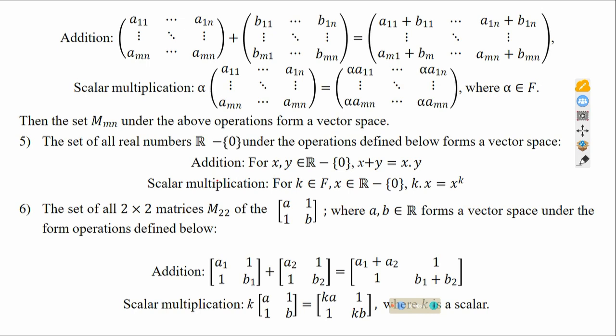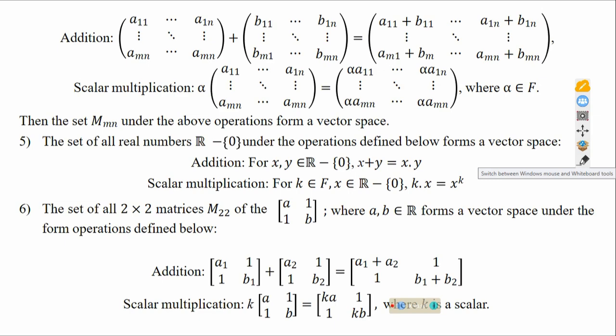So this is the definition for addition and scalar multiplication, and we want to show that this forms a vector space, and we shall prove that by proving all the 10 axioms that we have clearly seen.